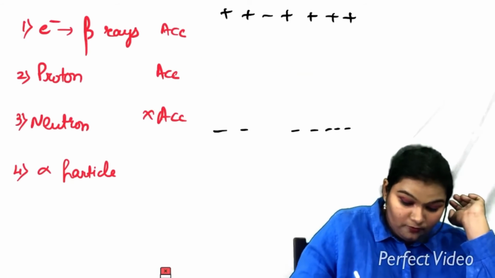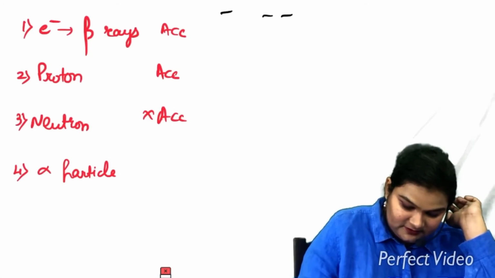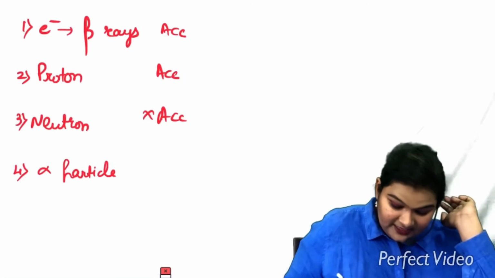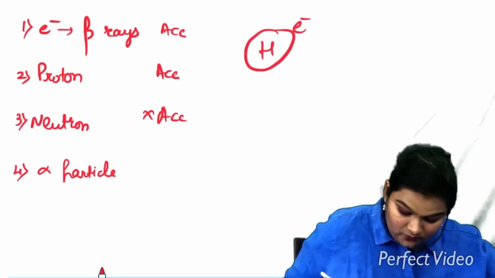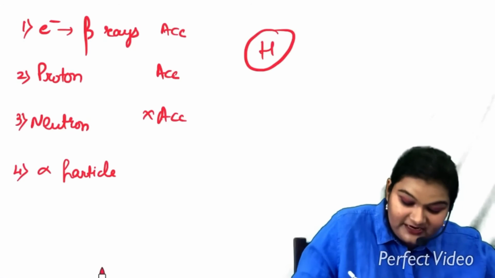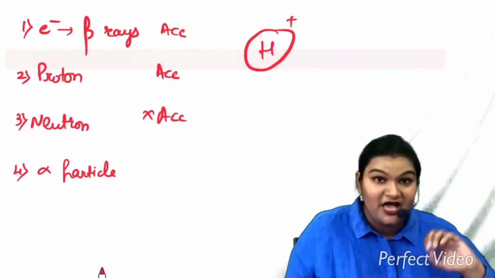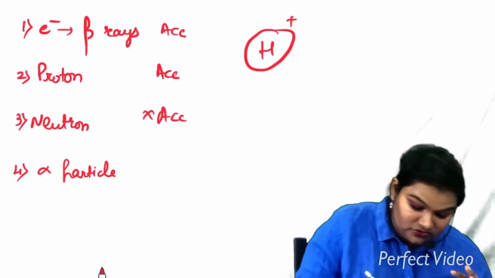Now one more point you need to know is that a hydrogen atom contains only one electron. When you knock off this electron, it is left with one positive charge, and hydrogen with one positive charge you call a proton. So what is a proton?